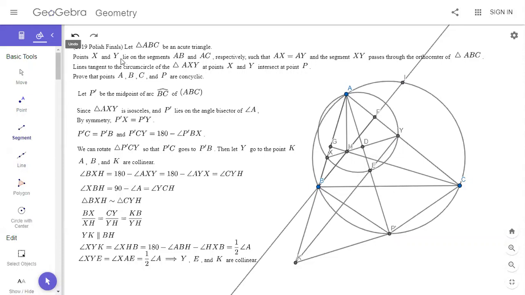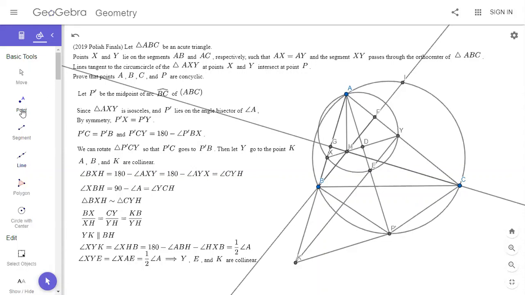How do you know that it's tangent? In fact, you know that IY is tangent because the angle that IY makes with the line XY is A. I'm trying to see, okay, so basically use Pascal's theorem.